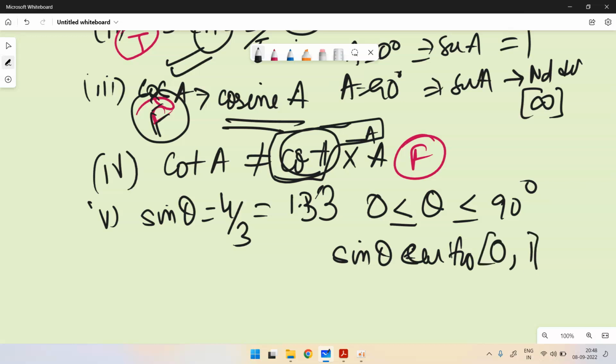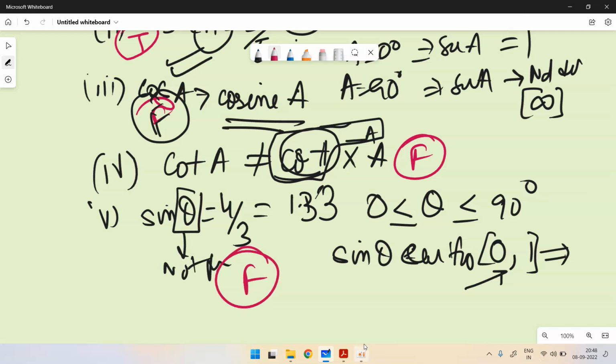So it exists for values from 0 to 1, and since this sin theta value is 1.33, which is beyond 1, sin theta for this value is not possible. Hence the statement is false.